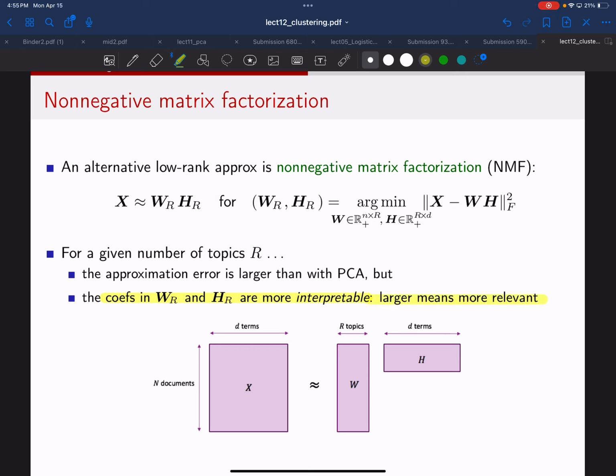Larger means more relevant. If you find near zero value coefficients in W and H, you can interpret them as saying that topic is just not that important to that document, or that term is not that important. With PCA, it's more difficult because you have positives and negatives, and how do you interpret a negative versus a positive? It's just not quite clear. But with NMF, it's more clear what you're going to get.